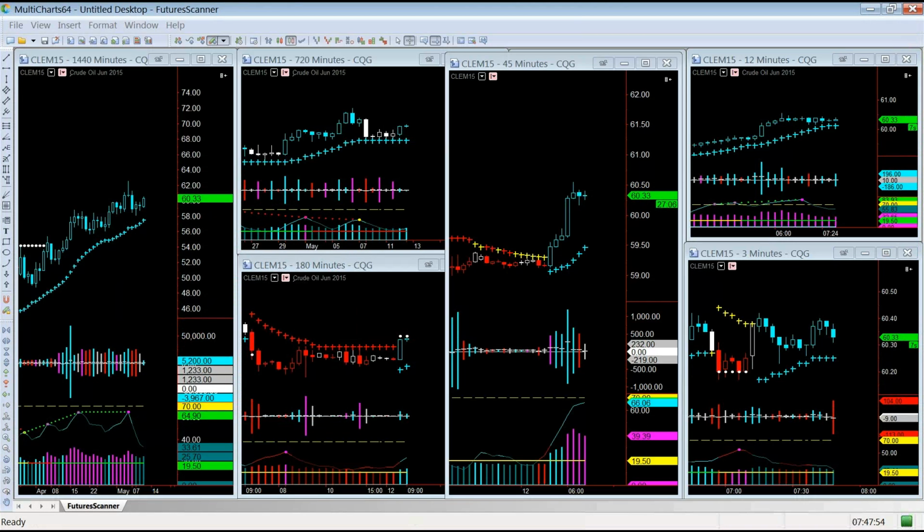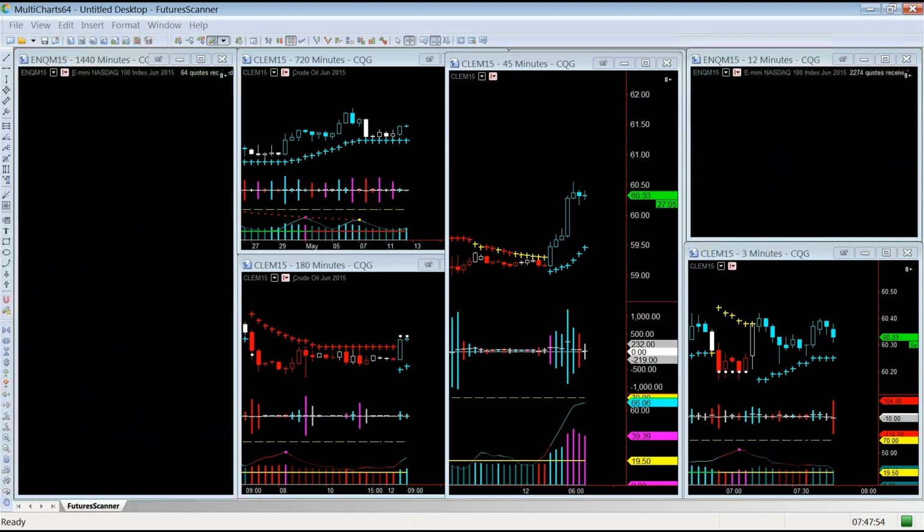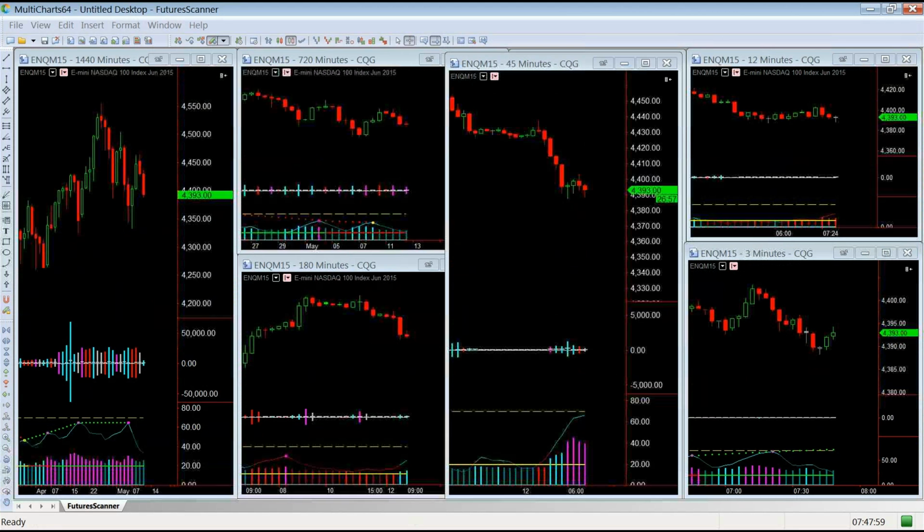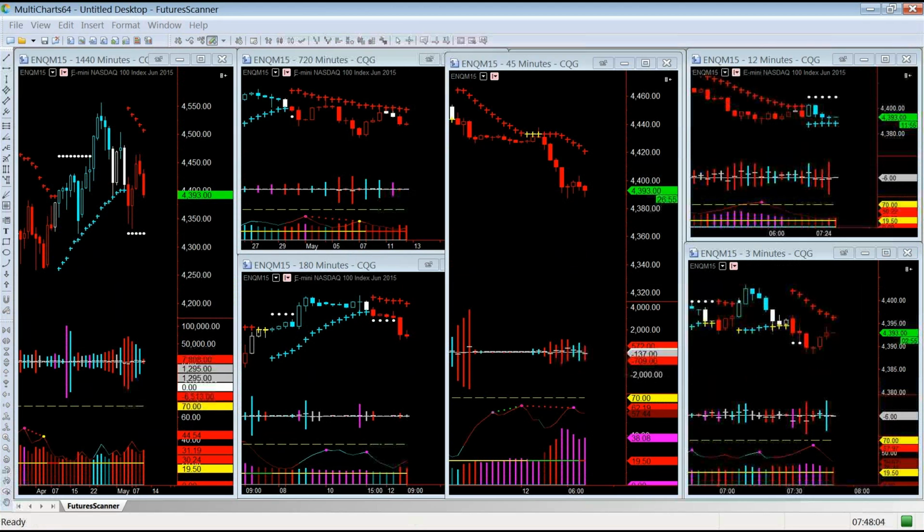Let's go look at the NASDAQ. With the ADX at 20 on crude, the ADX is at 66. On the 45 minute, crude is at 66.